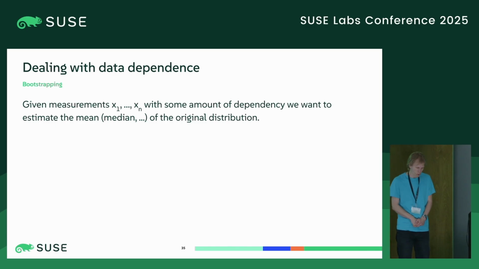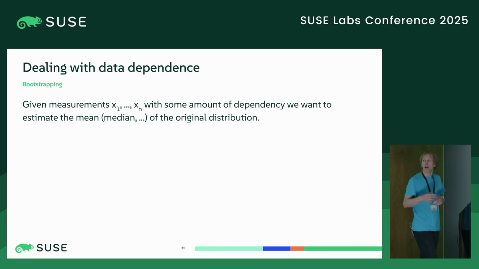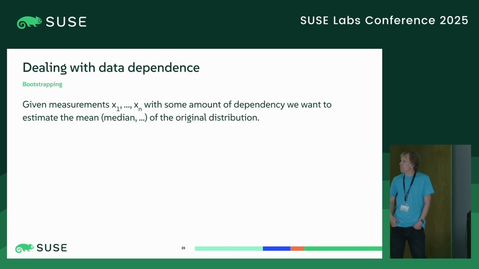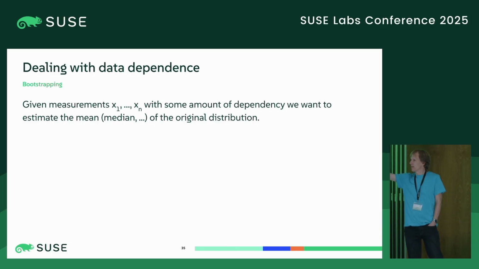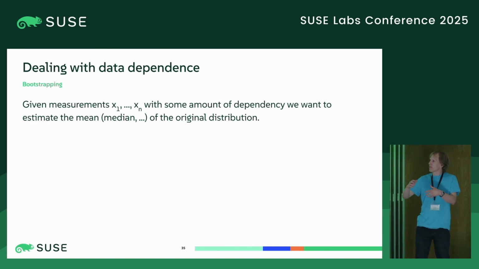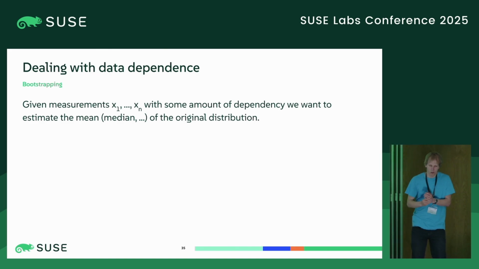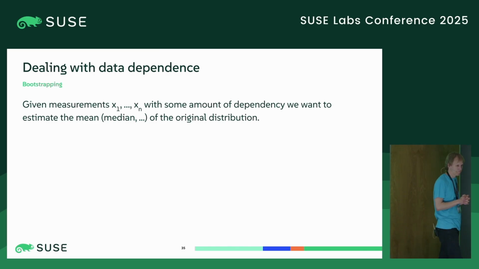And so bootstrapping is a method where you are given some n samples, x1 to xn, and there is some amount of dependency, but we assume that we have gathered enough samples to characterize reasonably well the original distribution.